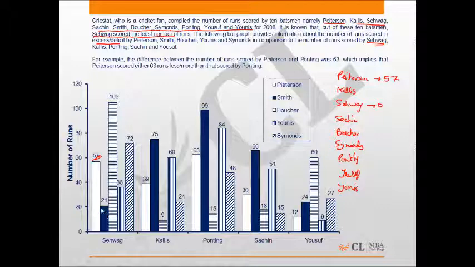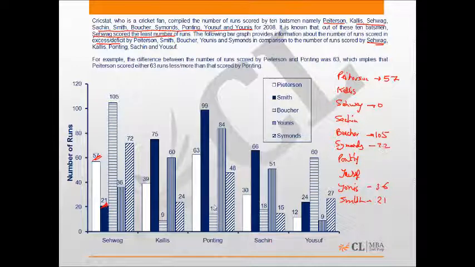Similarly, Smith must have scored 21 runs. Boucher 105. Yunus 36. And Simons 72.